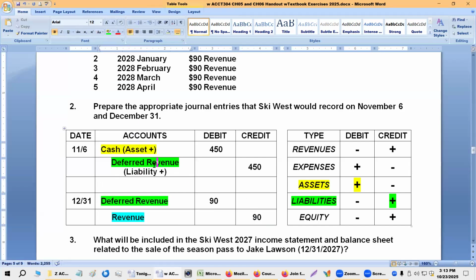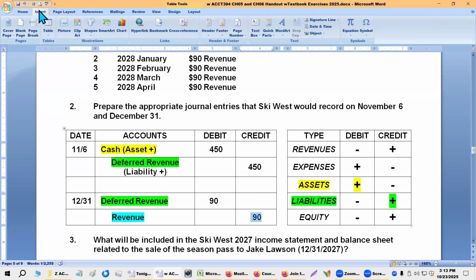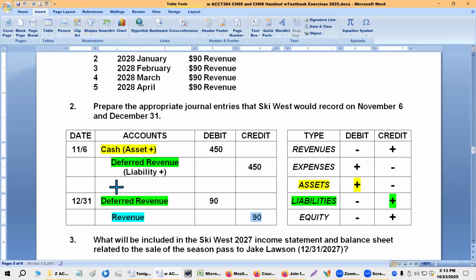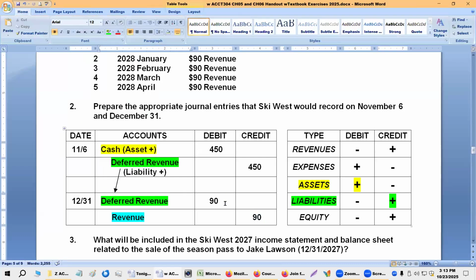So as we earn this deferred revenue, it's going to come out of deferred revenue. It's no longer a liability. We've given Jake a month's worth of skiing. So we're going to recognize how much of that revenue we've earned. We've earned 1 month worth of it. And so eventually the entire 450 will come off at $90 a month.